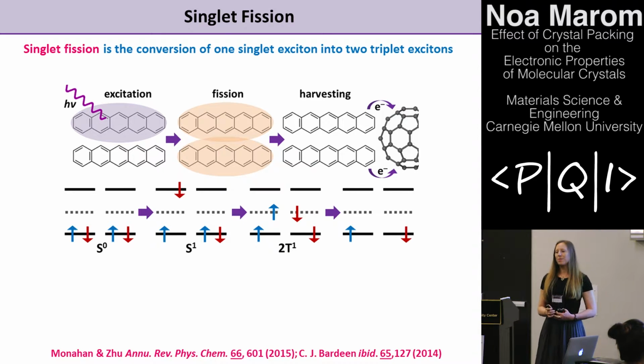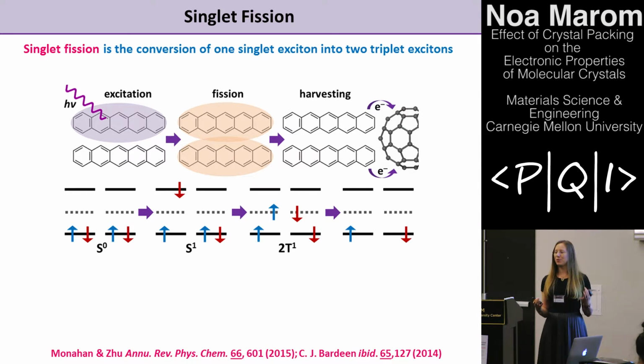So there is hope for making more efficient organic solar cells, and one possible way we might be able to do that is by harnessing this different type of quantum mechanical process called singlet fission.